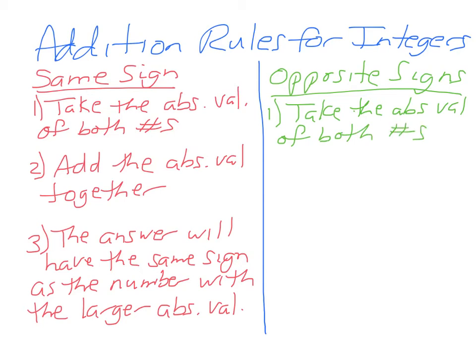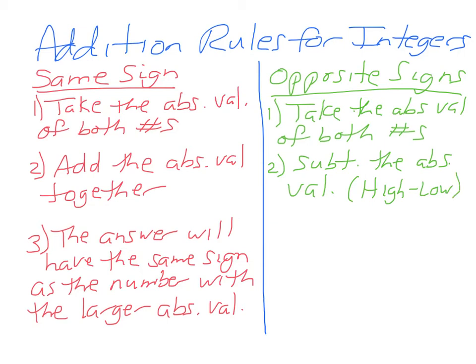So far, everything's the same. Here's where it's different. I'll subtract the absolute values. And I'm going to make a note here for you: I'm always going to do high minus low. So the highest absolute value minus the lowest absolute value.